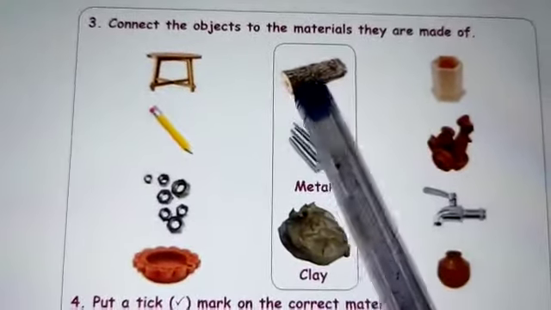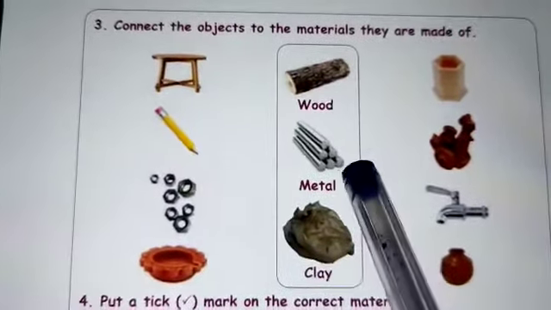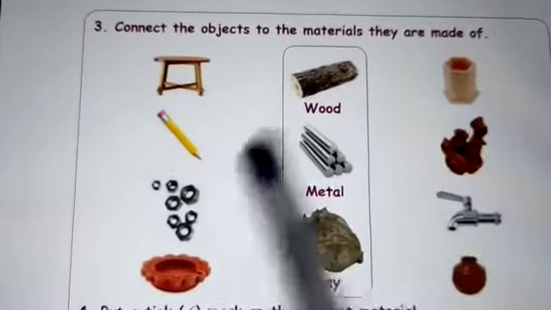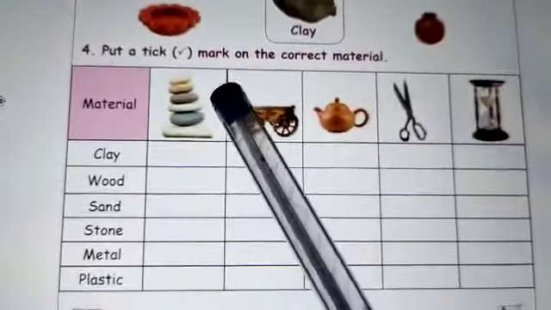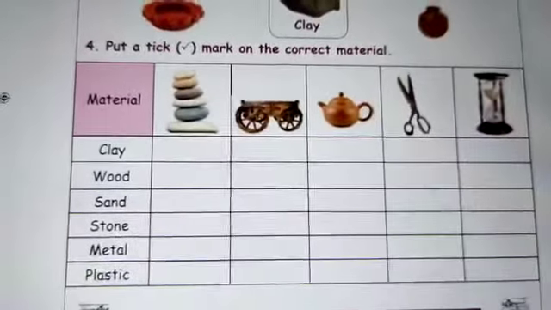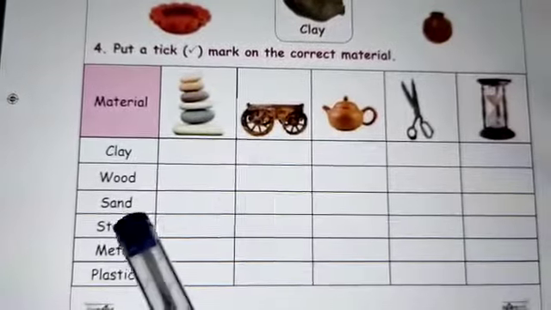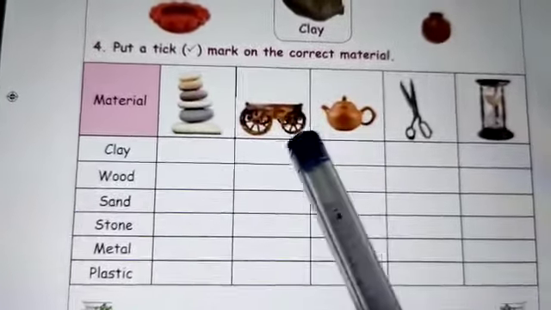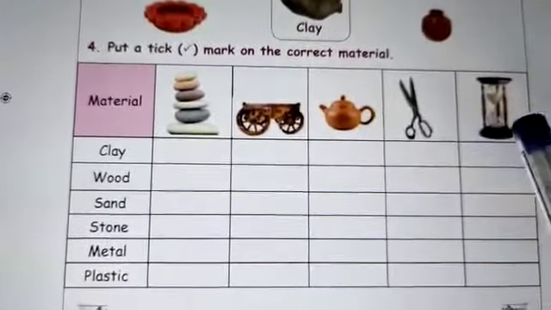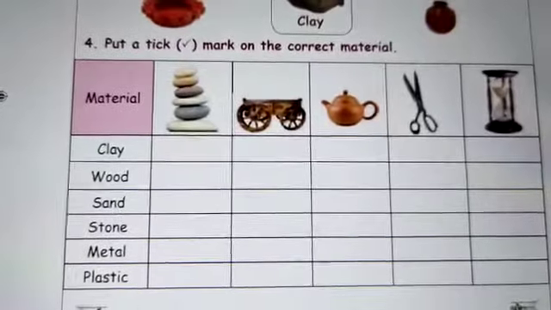You find and match that. Likewise for metal and clay. Find and match this. Put a tick mark on the correct material. See, what is this? Stone. So search for stone and put a tick in that particular column box. Likewise, search for this and find the correct material and put a tick in that particular box.